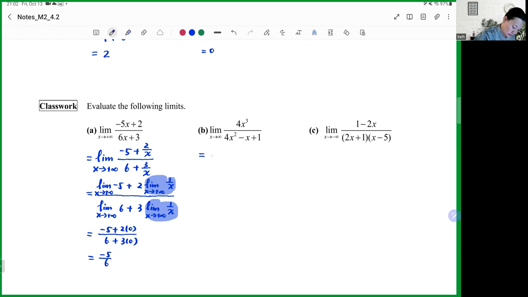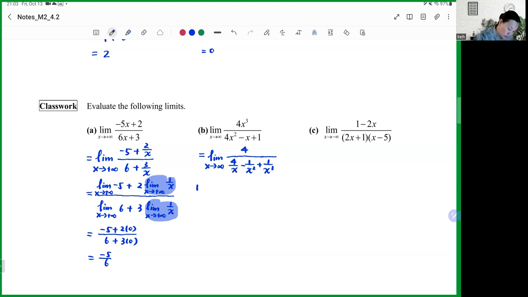Second, in this question, you must divide x cubed. Choose the higher power to divide. Okay? Now afterwards, you don't have to put the limits in. You already can observe that the denominator is going to be very small.